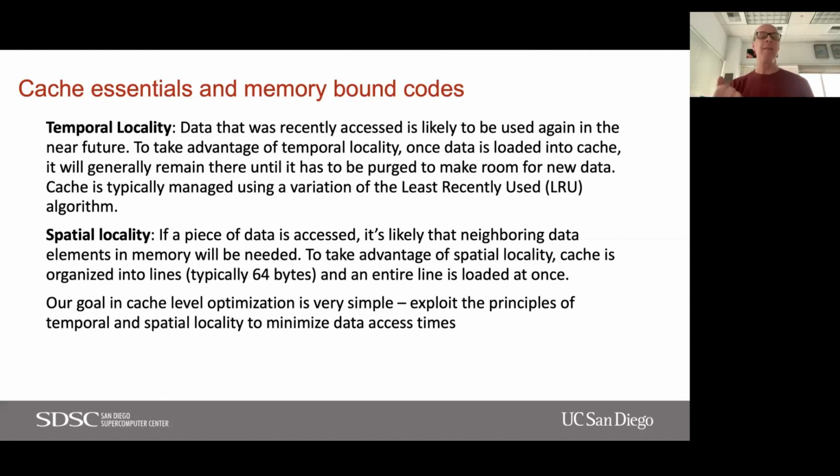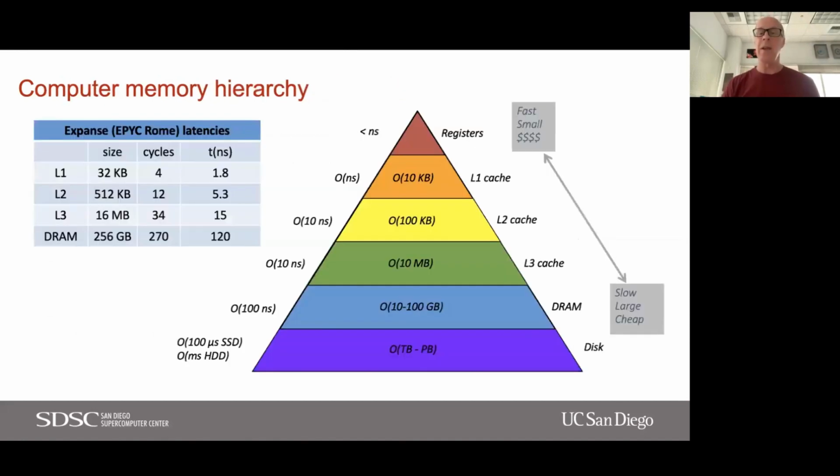And to make best use of cache, we're going to keep 2 concepts in mind. These are temporal locality and spatial locality. So just going back to our figure again, when we need data that's in DRAM, it actually gets loaded into L3 cache, into L2, and into L1. So it always has to move into the cache first.